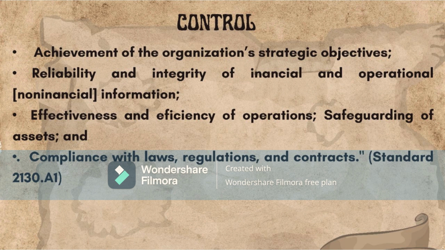In conclusion, controls play a critical role in ensuring the organization's ability to achieve its objectives and goals effectively. The internal audit function's role in evaluating control effectiveness and promoting continuous improvement is paramount in this regard.